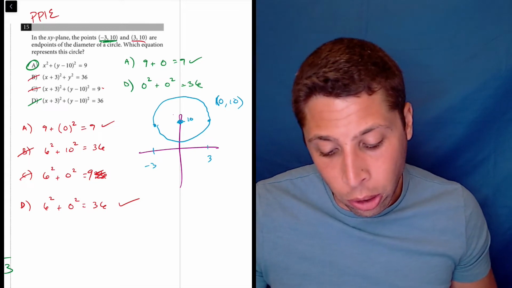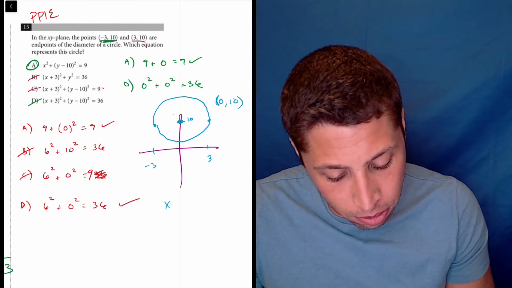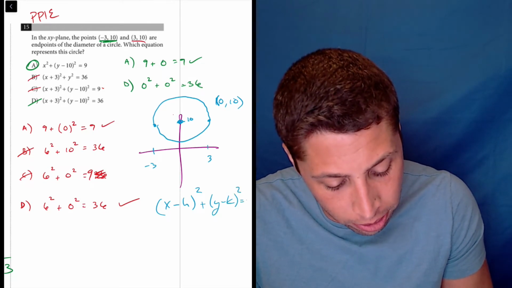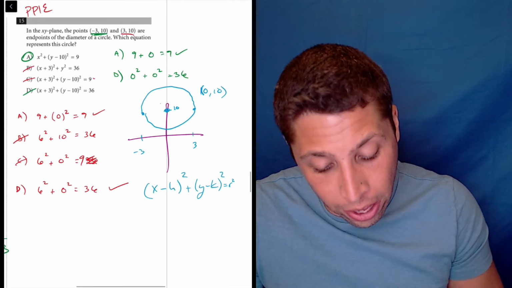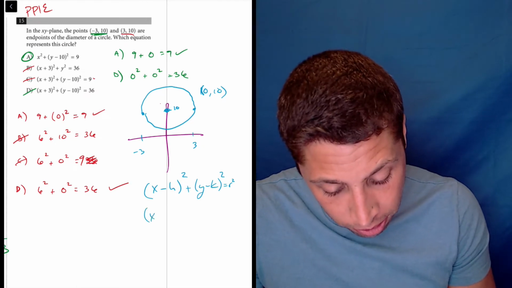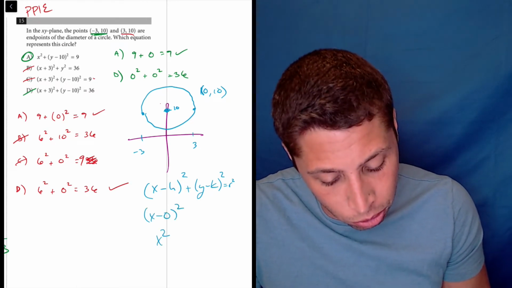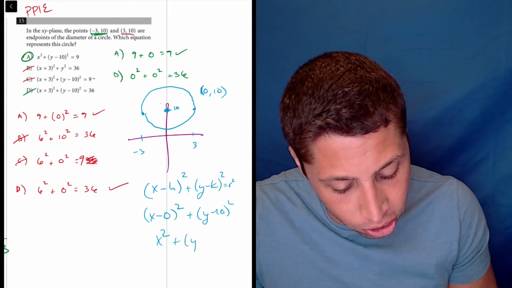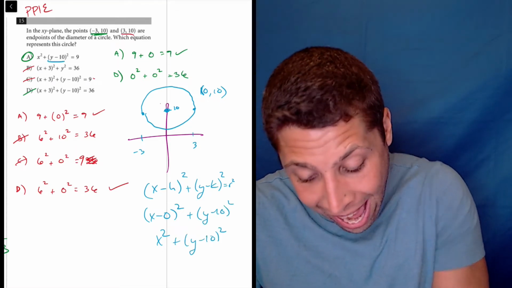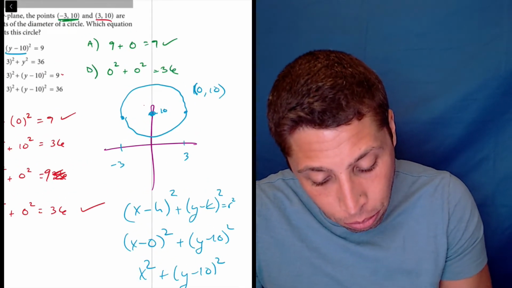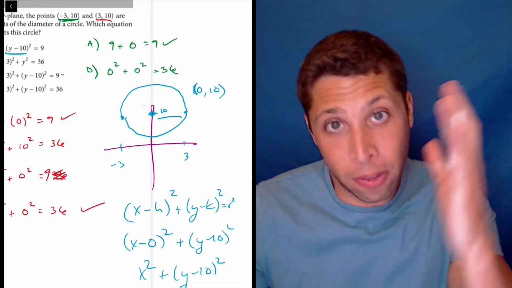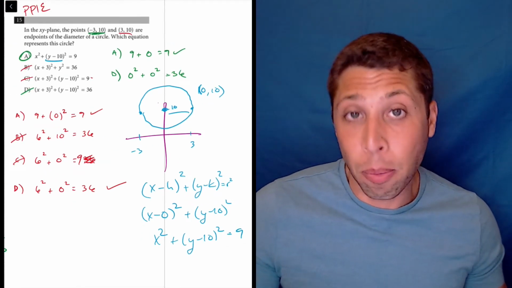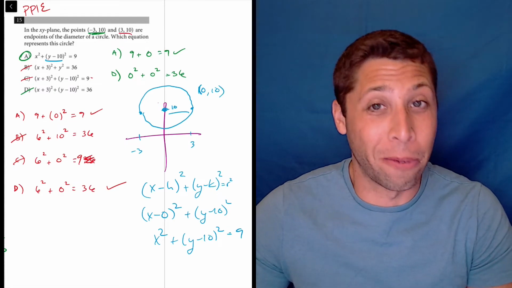And the way the circle equation works, it's x minus h squared plus y minus k squared equals r squared. Well, the x coordinate of the center is 0, so that will just reduce to x squared. The y coordinate is 10, so that is just y minus 10 squared, which is what we have. And then the radius is 3, because that's the distance from the 0 to the 3's, and so squaring 3 gets us 9. So it makes sense, and that's probably a faster way to do it if you are really confident with the circle equation.